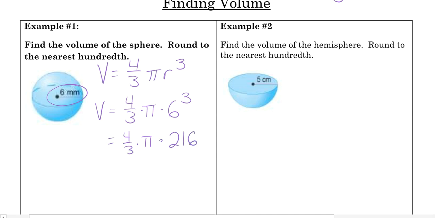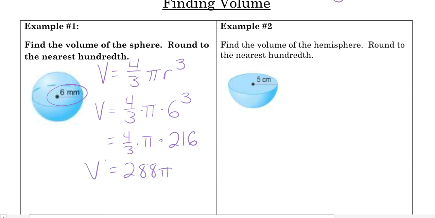Okay. And to multiply by 4/3, what you could do is you could do 216 times 4 and then divide by 3, and so that would give you 288. So you have 288 times pi.